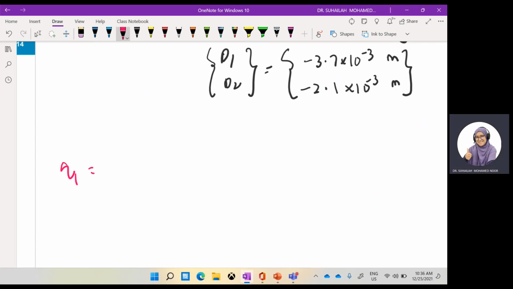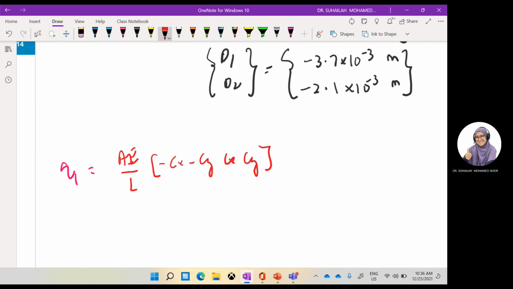Member force. The formula to calculate member force is AE over L, times negative Cx, negative Cy, Cx, Cy, times the displacement.